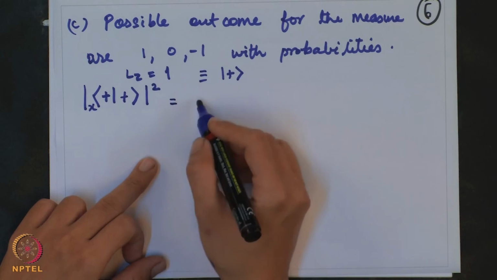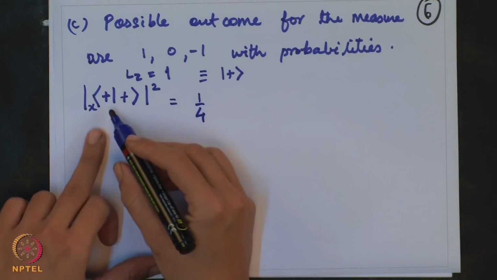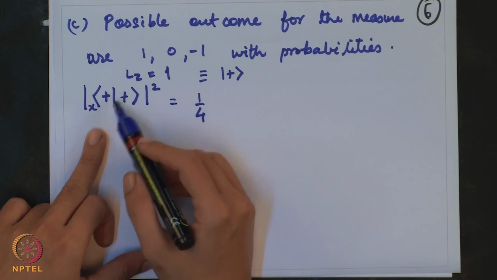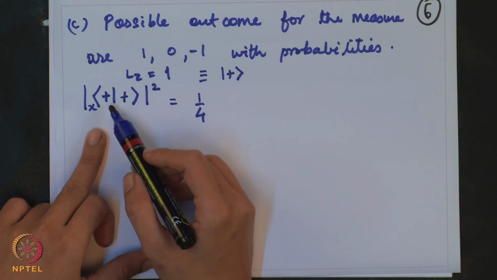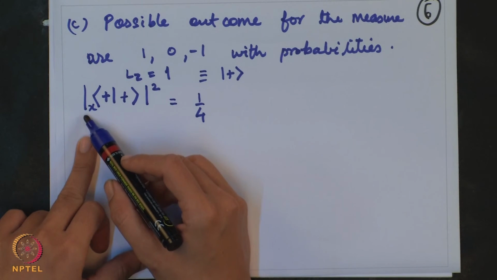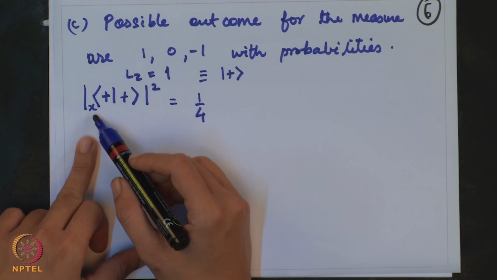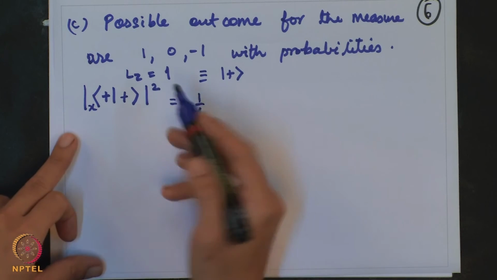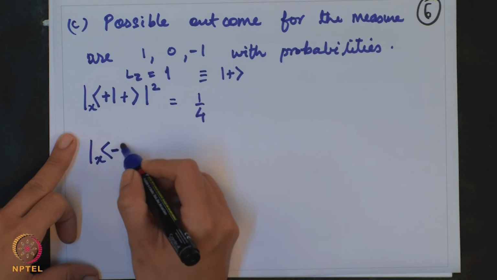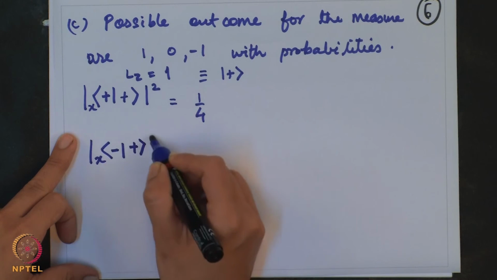This will give me 1 by 4. You can just do it. We have already obtained the eigenkets plus, minus and 0 in the Lz as well as Lx basis. Using that information, you can calculate the result.